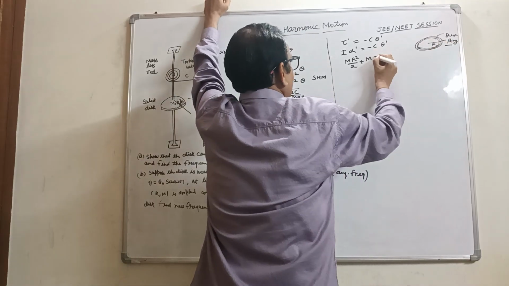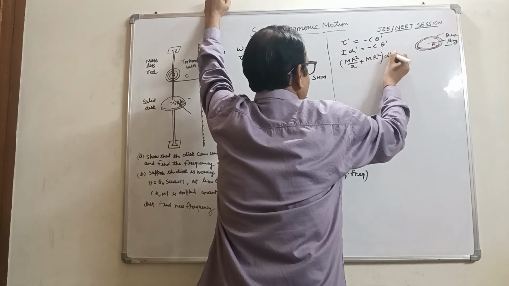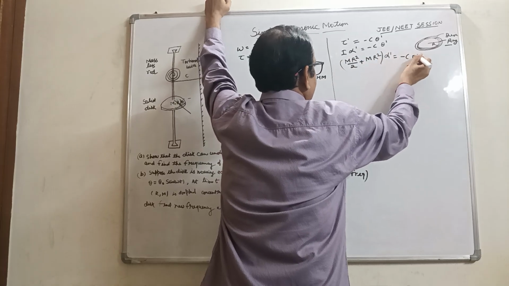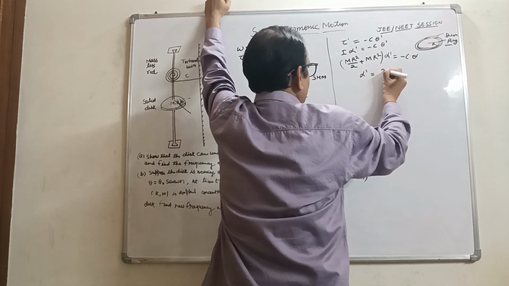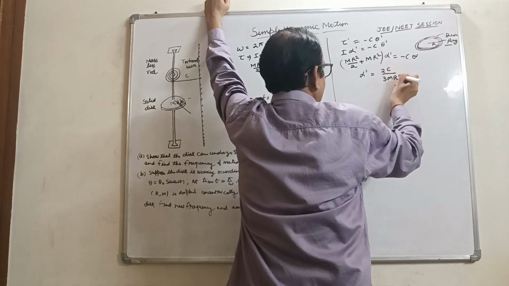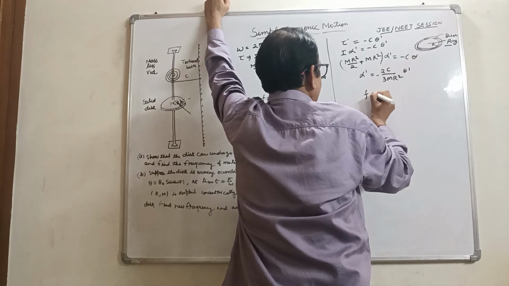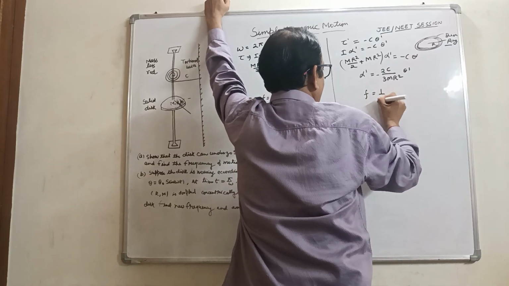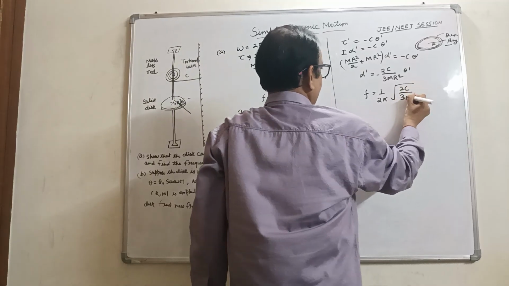So the moment of inertia of the ring is mr square into alpha dash minus c theta dash. So alpha dash becomes 2c by 3mr square into theta dash. So the frequency would be 1 by 2 pi under root 2c by 3mr square.